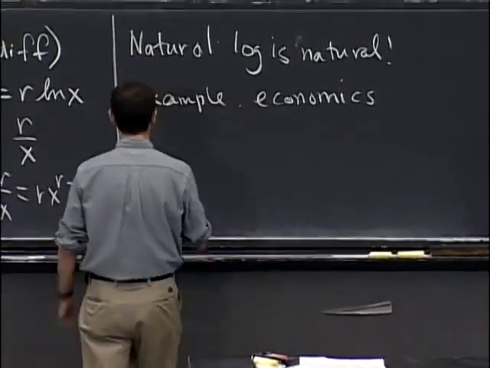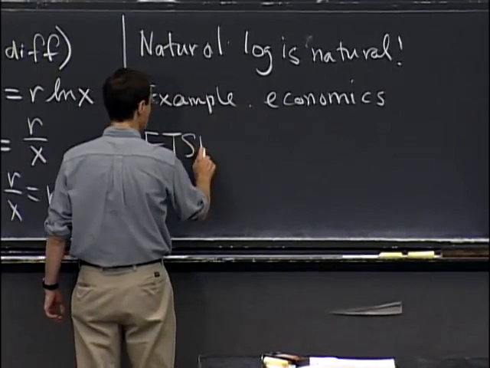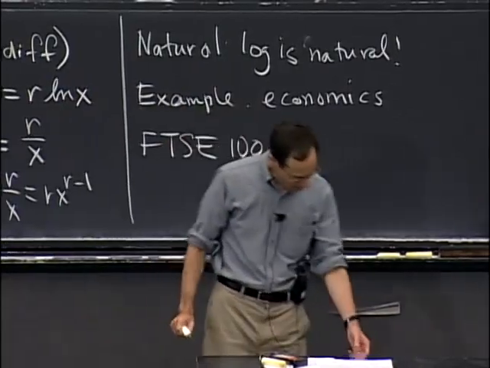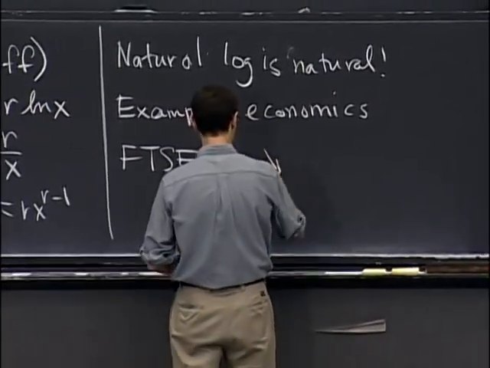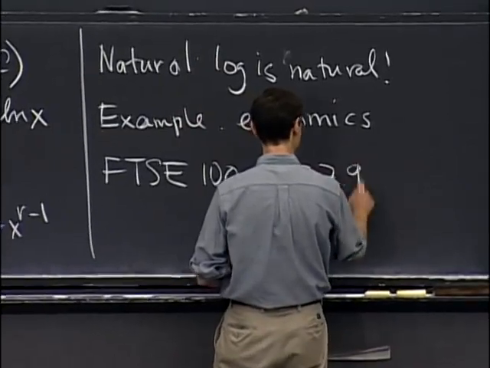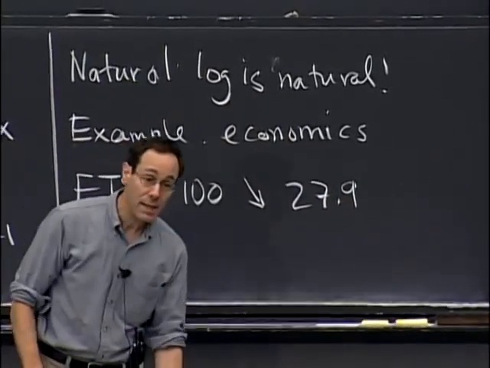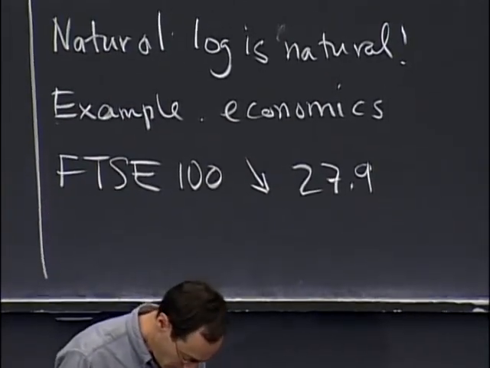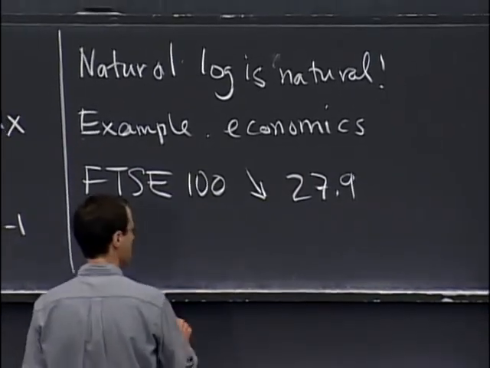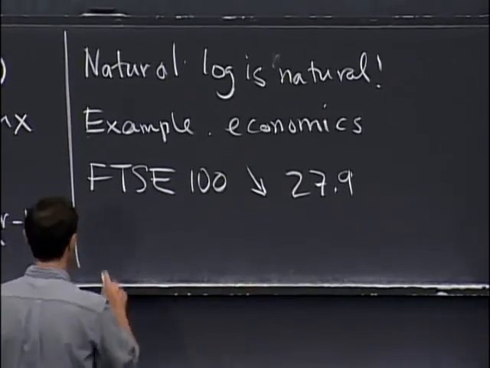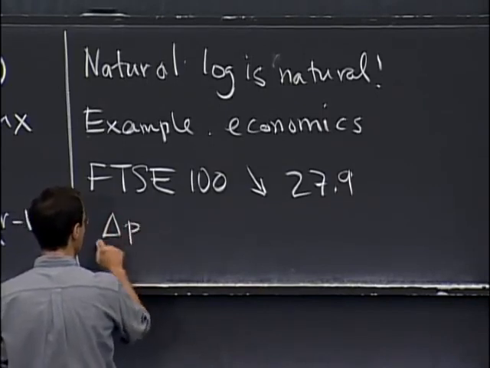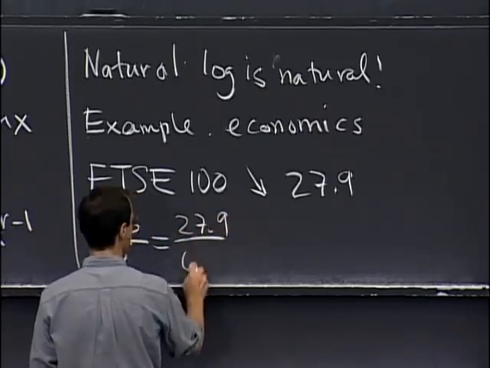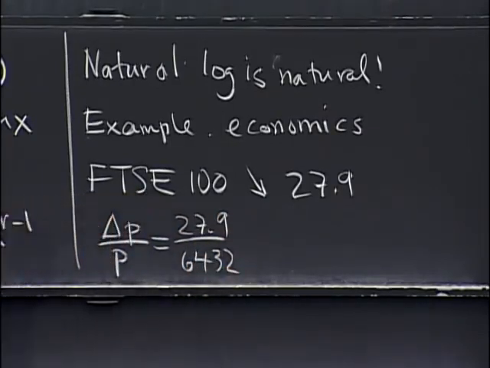So for example, I just looked up an hour ago, the FTSE, the London Exchange, closed, and it was down 27.9, which, as I said, is pretty meaningless unless you know what the actual total of this index is. And it turns out it was 64.32. So the change in the price divided by the price, which in this case is 27.9 divided by 64.32, is what matters.